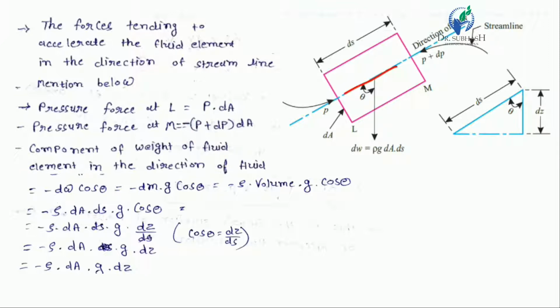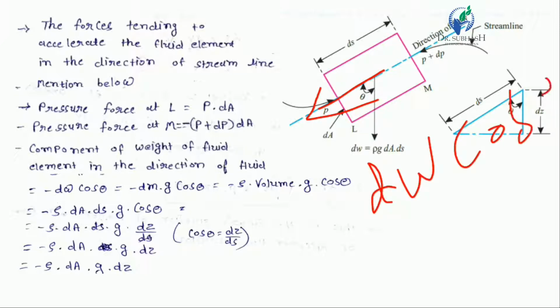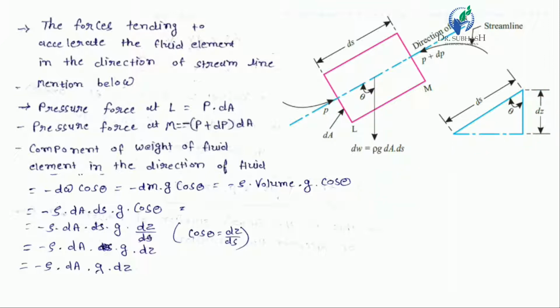The other force is the component of weight of the fluid element. We consider the only component which is in the flow direction of the fluid element. The weight component is dW cos theta. Again the sign is negative because this component is opposite to the direction of flow.